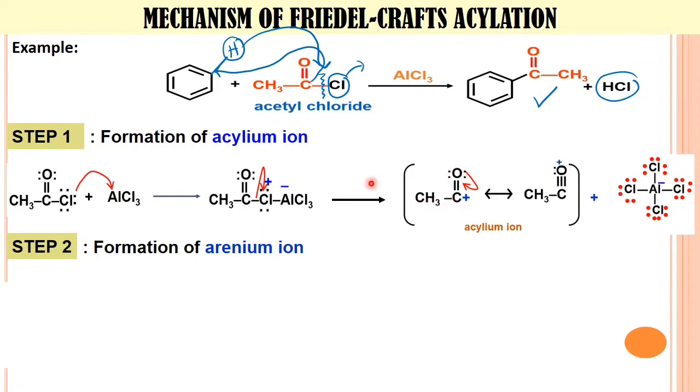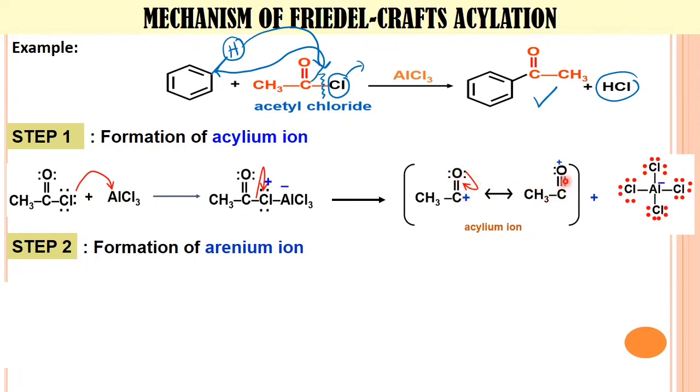But this acylium ion also can undergo resonance structure. Dia boleh buat resonance structure. Macam mana? Asal dia ada 2 bond dengan O. So one of the lone pair at oxygen here boleh bentuk triple bond pula. So ini adalah contoh resonance structure. So positive charge dekat carbon pindah dekat O. Sebab apa?